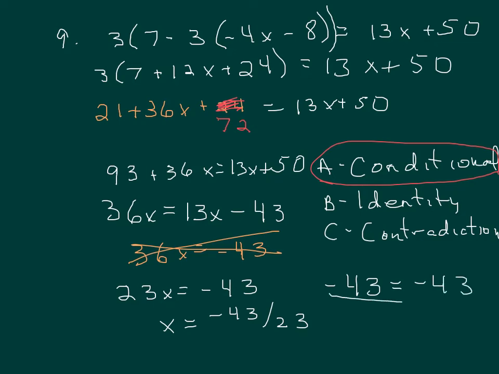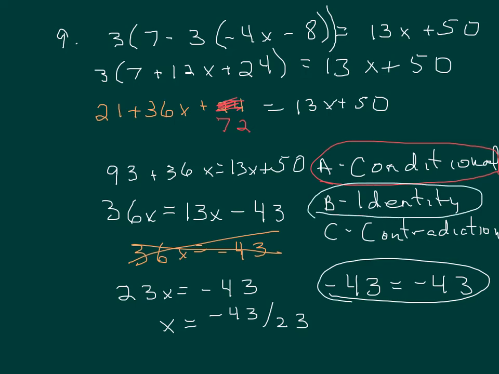This is similar to the problem they did, and so their answer would have been an identity. So because you made math errors, you got the wrong answer, but once you got the wrong answer, you chose the correct name for the answer you got.